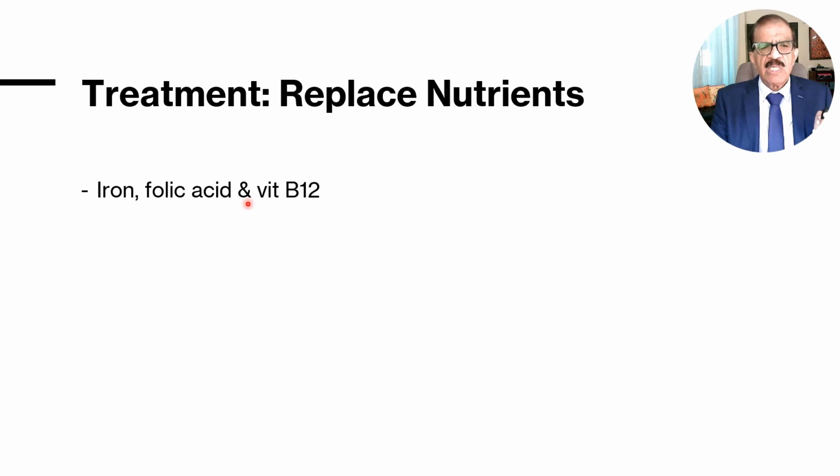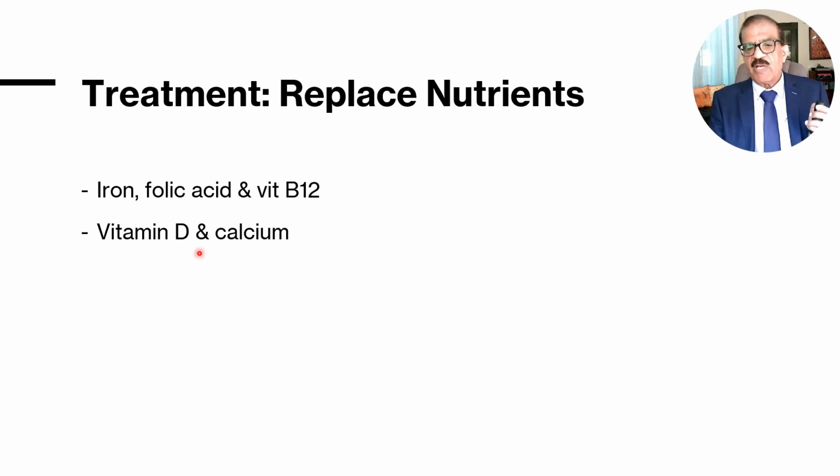This is very important. This should lead to improvement in HB. Then vitamin D and calcium should be replaced. If the patient is still symptomatic, it would make good sense to give vitamin D parenterally, because if the patient is not absorbing vitamin D, even replacing it may not correct serum vitamin D. So that could be given parenterally.